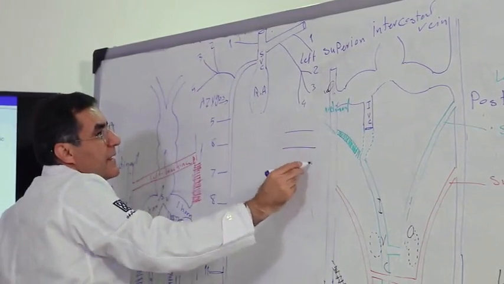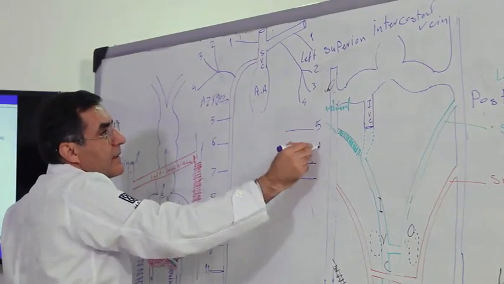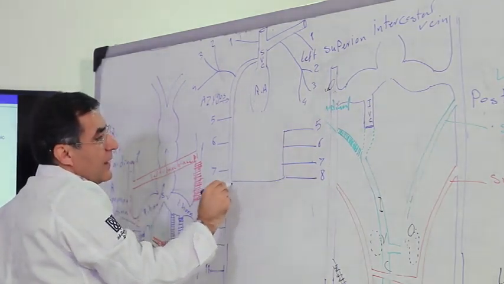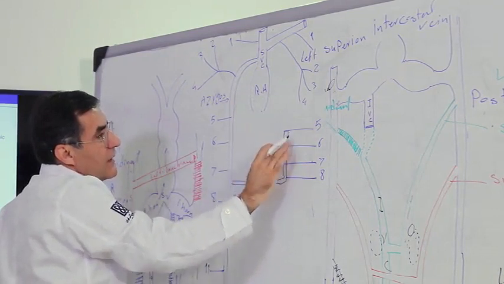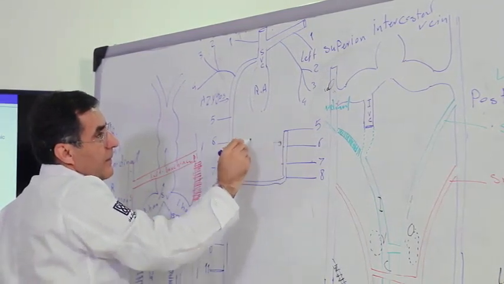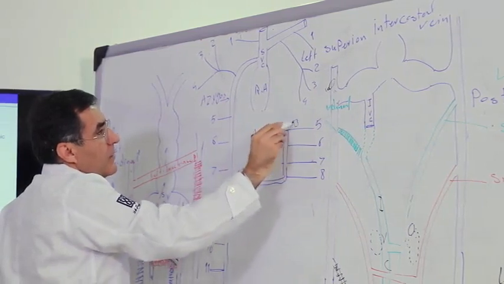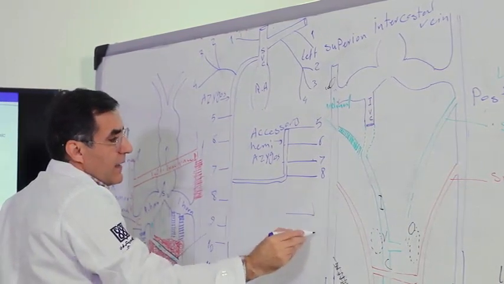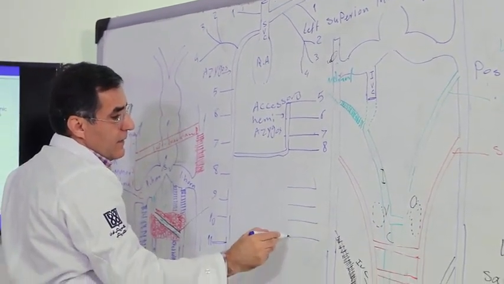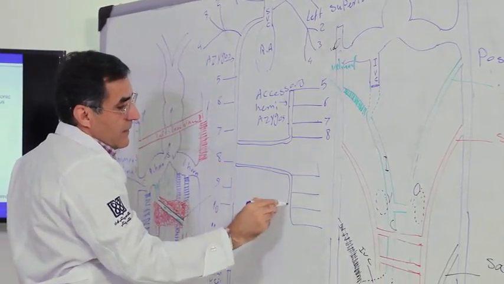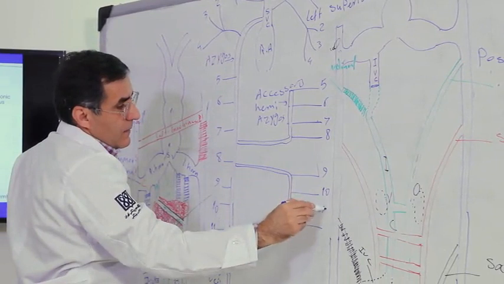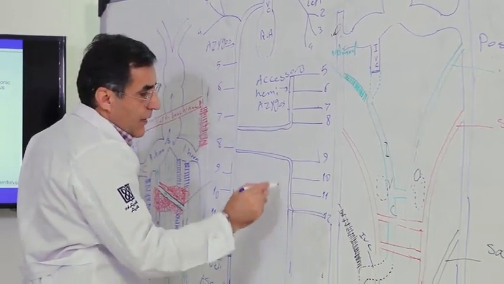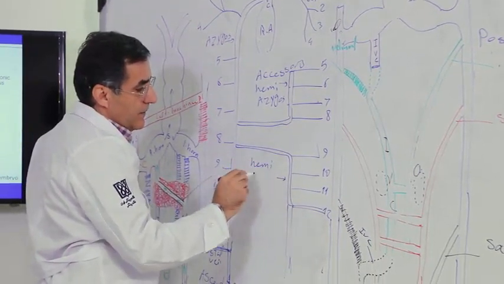The fifth, sixth, seventh, and eighth left posterior intercostal veins are drained by the accessory hemiazygos. And the 9th, 10th, 11th, and 12th are drained by the hemiazygos vein.